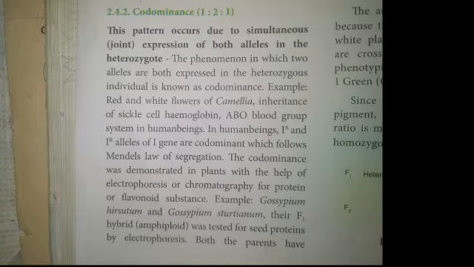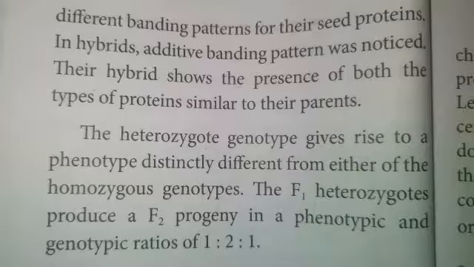In this codominance, both the parental characters are combined to produce a new phenotype. So the two parents, that is the cotton plants Gossypium, have seeds of different banding patterns compared to the F1 hybrid.